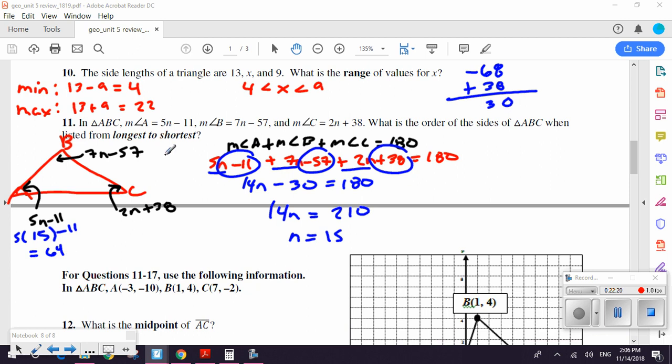For B, that's 7 times 15 minus 57. So that's 85. No, no, no. What's 75 plus 30 more? 105.